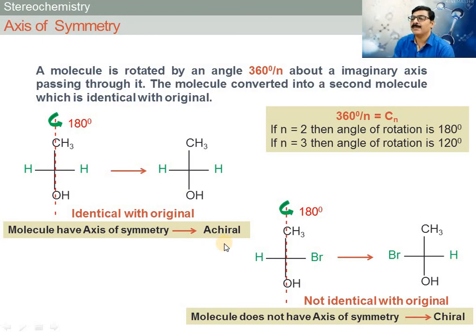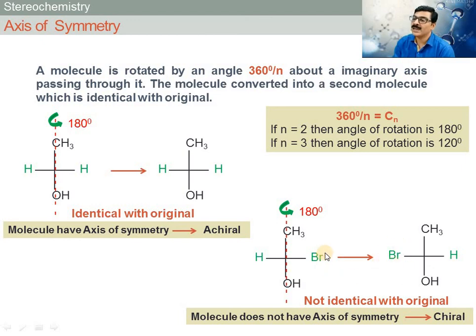Now the second example, again here if suppose you draw the imaginary axis from CH3 and OH group and then rotate with 180 degree, then the position of hydrogen is taken by bromine and the position of bromine is taken by hydrogen, and a new molecule is obtained, and this new molecule is not identical with the original, because in original molecule hydrogen is present at left hand side, and in new molecule at left hand side bromine is present.